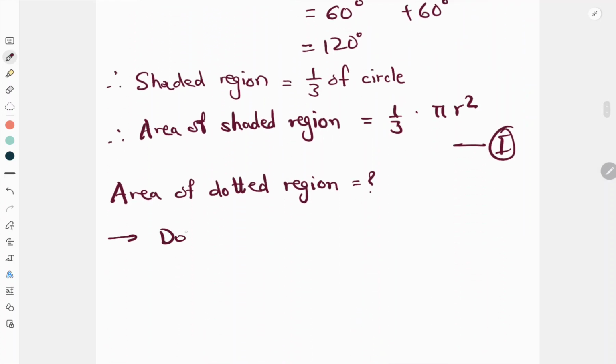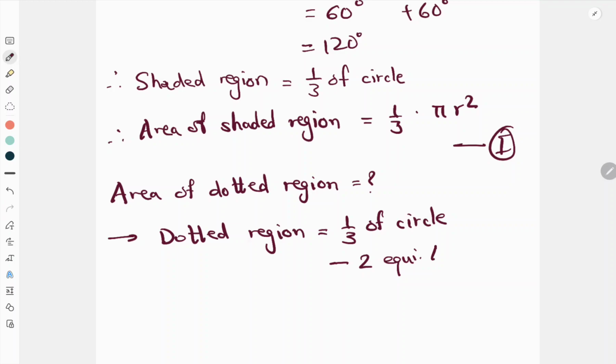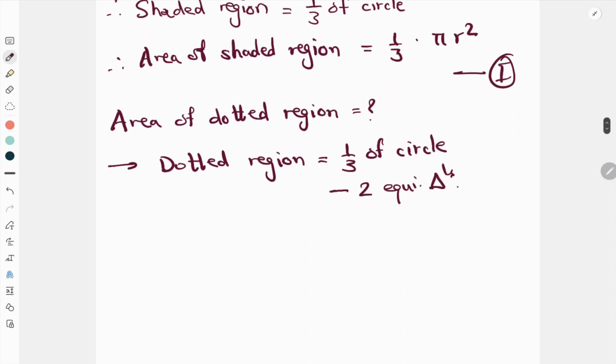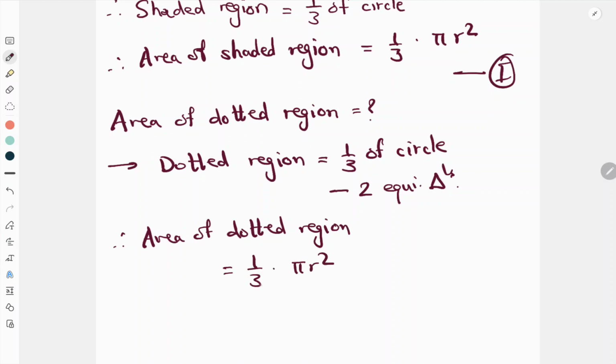So the area of the dotted region is 1/3 of the area of the circle, which is pi r square, minus 2 times the area of an equilateral triangle, which is √3 divided by 4 times side square, which is r square.